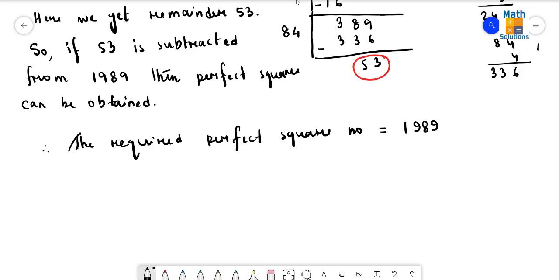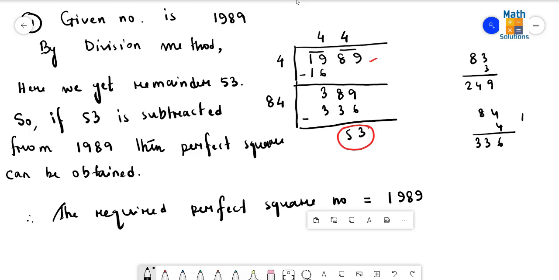1989. Because see, in this particular sum, whatever I did in this case of long division method, we have seen that the square number already, 44 square, some square number we already got here. But after completion of this whole method, there is a term which is left behind. Means if we subtract this particular term from this given term 1989, we shall be able to get that square number whose square root is 44.